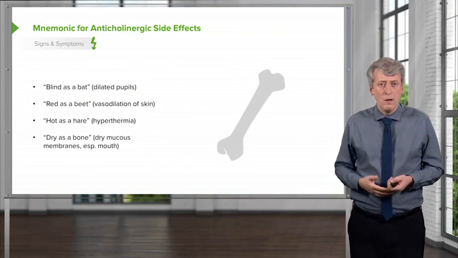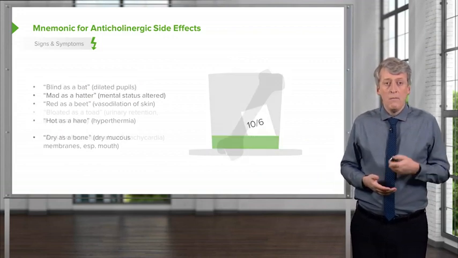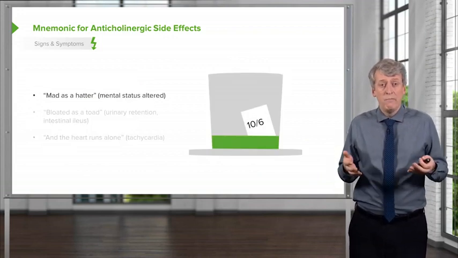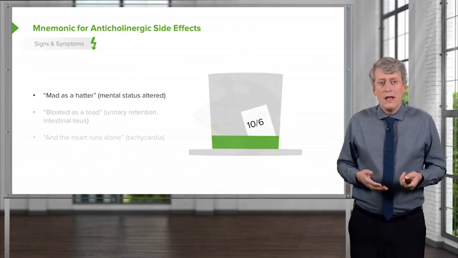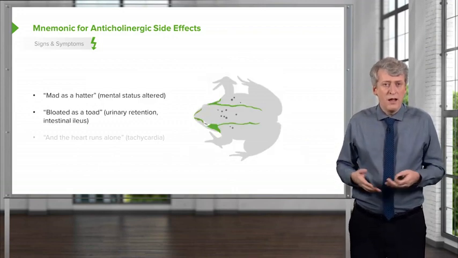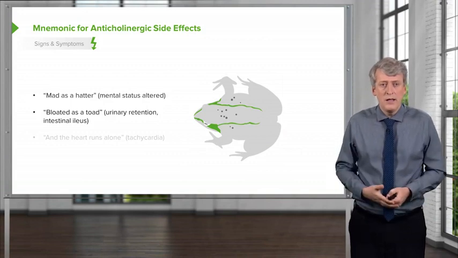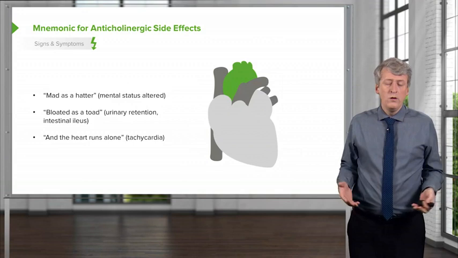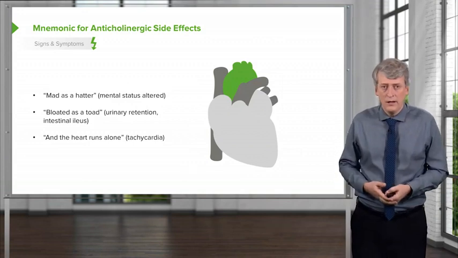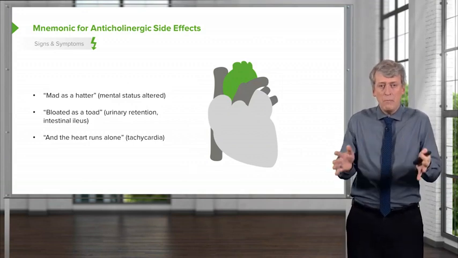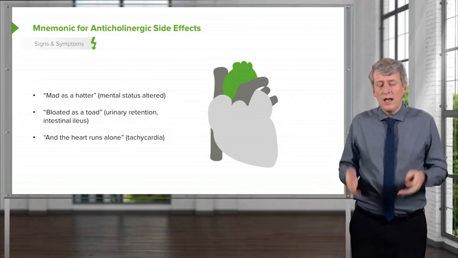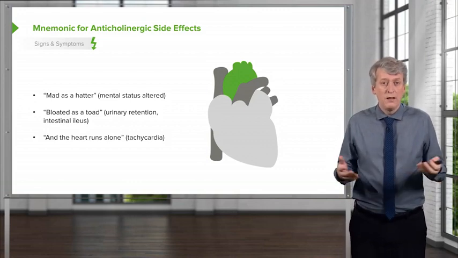They'll have dry mucous membranes, especially in the mouth. Mad as a hatter. They will often have mental status changes. Bloated as a toad, they may have urinary retention or intestinal ileus, so their abdominal distension may be there, and the heart runs alone means they have some tachycardia. So if we see that pattern of symptoms, that's a sign that a patient may have overdosed on something like Benadryl.